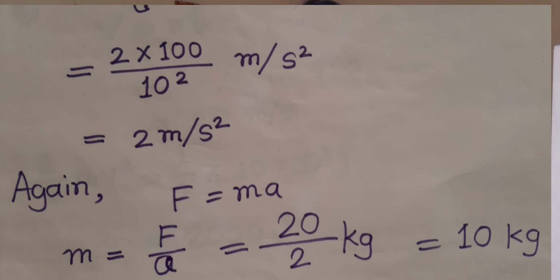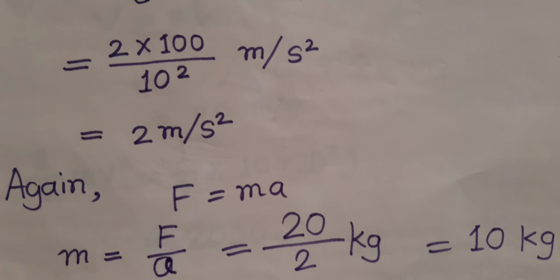We don't know the mass of the object, so we need to figure it out. So m equals F divided by a, 20 divided by 2 meter per second squared, the acceleration. So we just calculate it, and it is 10 kilogram, the mass of the object.